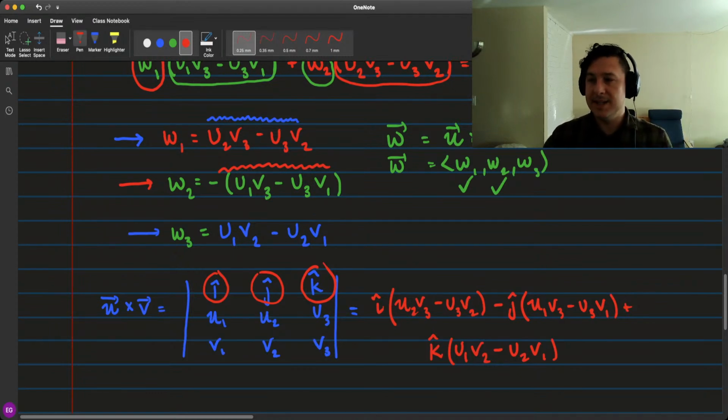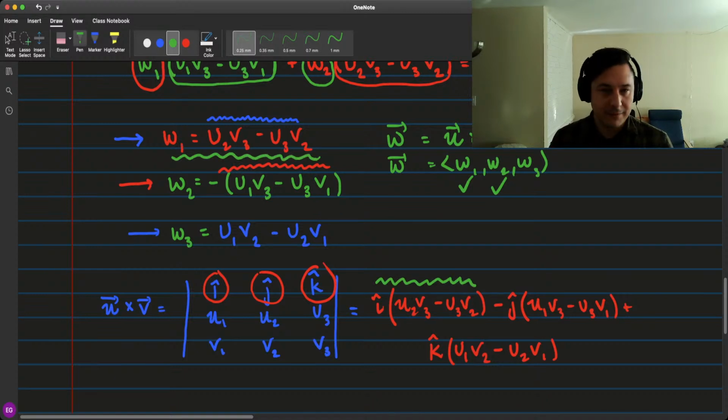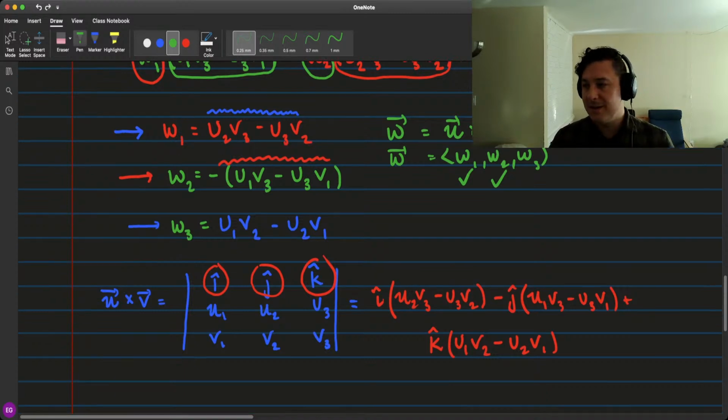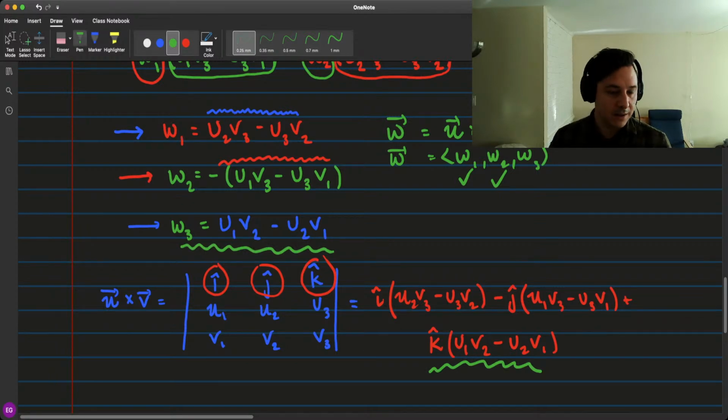Right, so does it make sense that W1 is the x component, which is why they have the same formula? J is the y-axis. Notice that this is the same formula as that. K is the z-axis. Notice that that would be the third component.